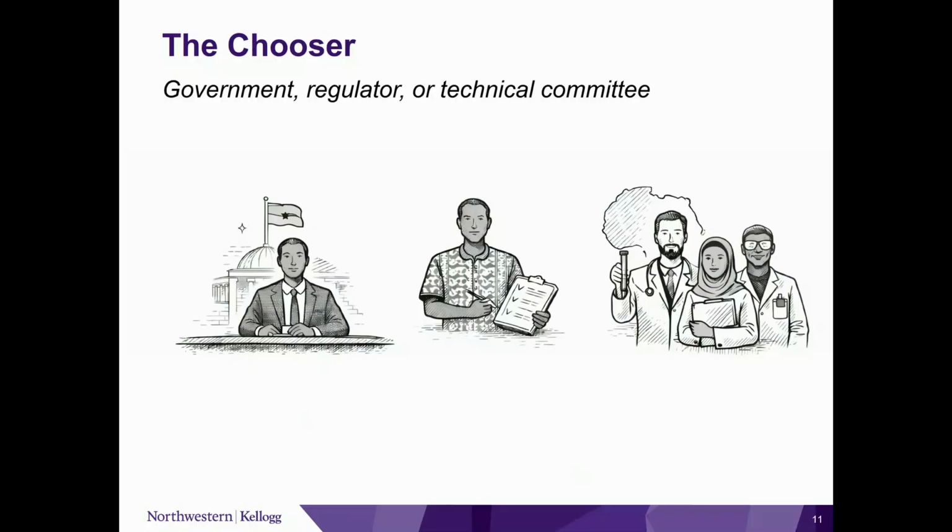All right, so let's talk a little bit about the chooser. So this is a government. It could be in the US, the FDA. It could be in the European Union, CE mark, a European regulator. It could be the WHO. It could be a technical committee in instances where there actually is no regulation.